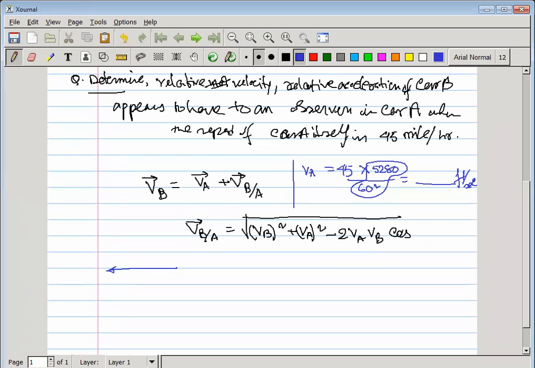So please, anybody tell me, 45 into 5280 divided by 60 squared, how much is it?